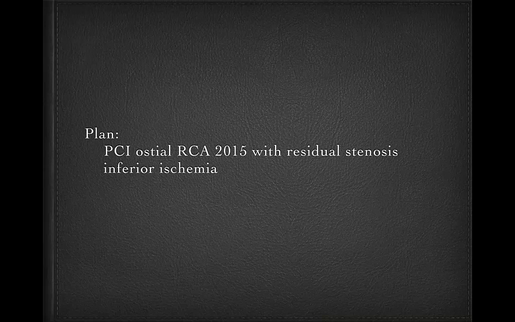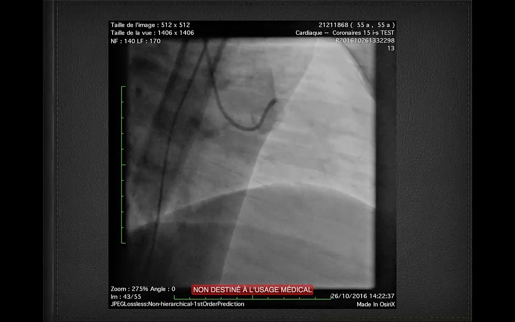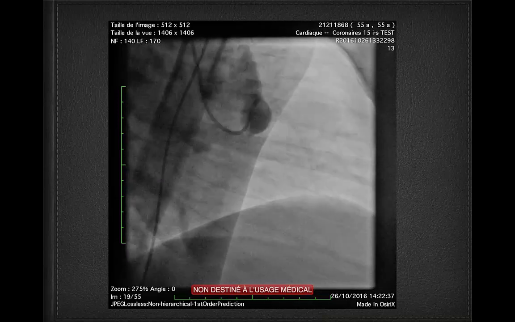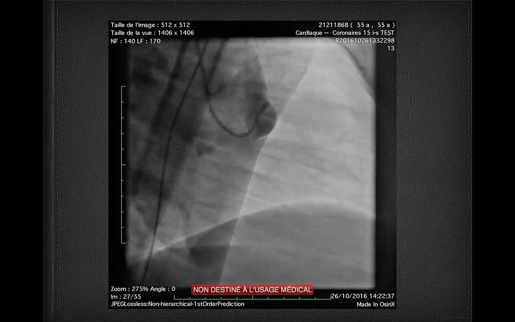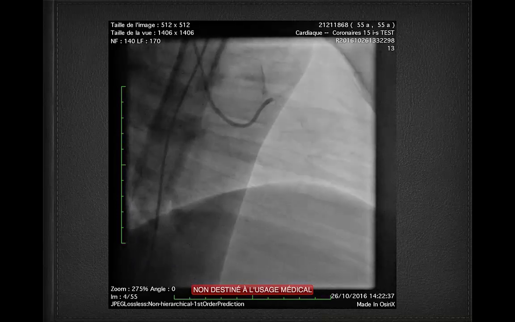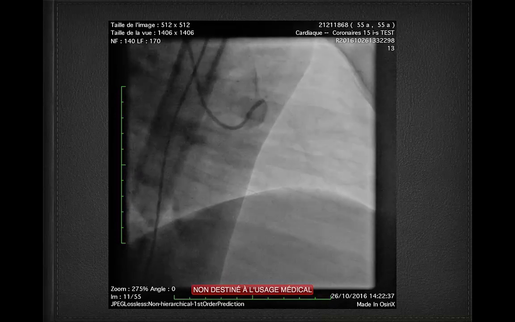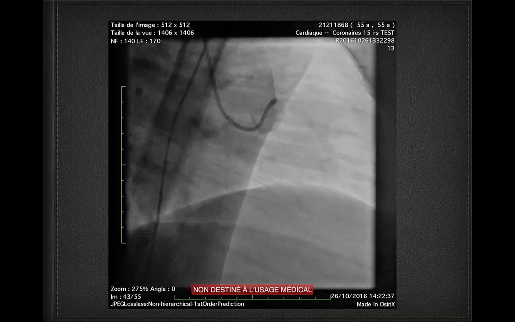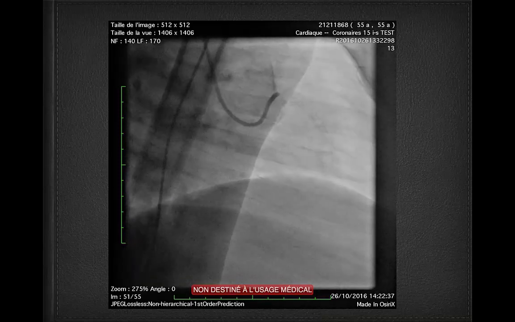And we are now with a guy with very, very symptomatic angina, with inferior ischemia, and this is the point, the stent was not outside the ostium, but the occlusion was always here, because I think there is a residual stenosis inside the stent.